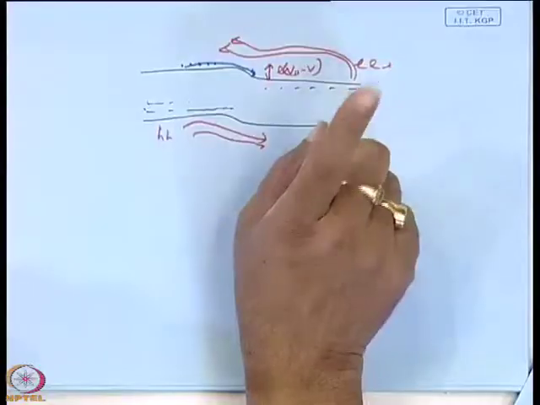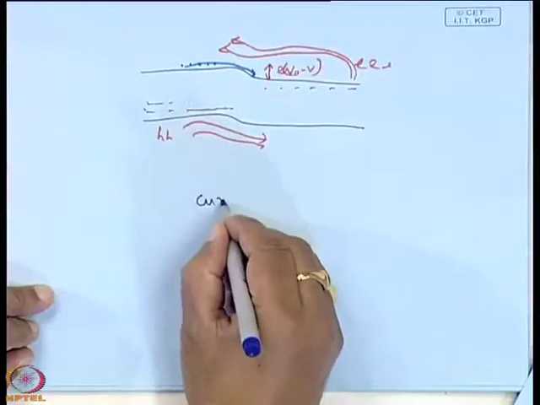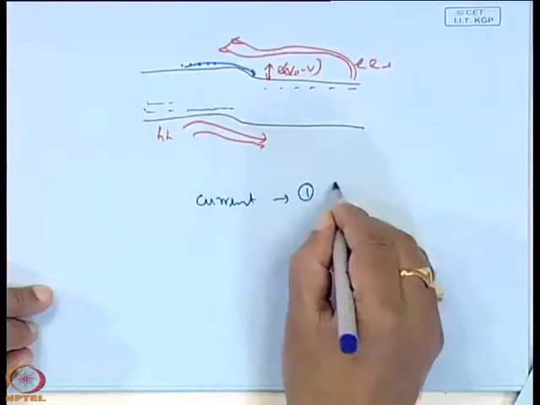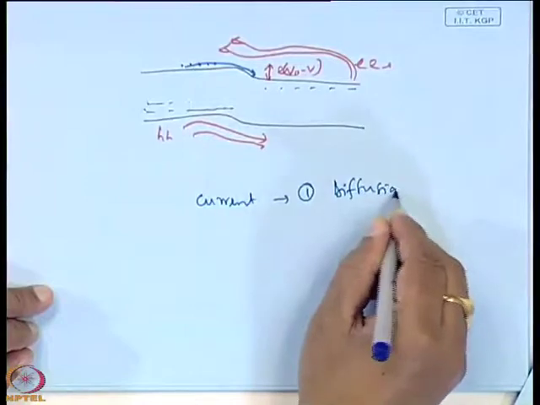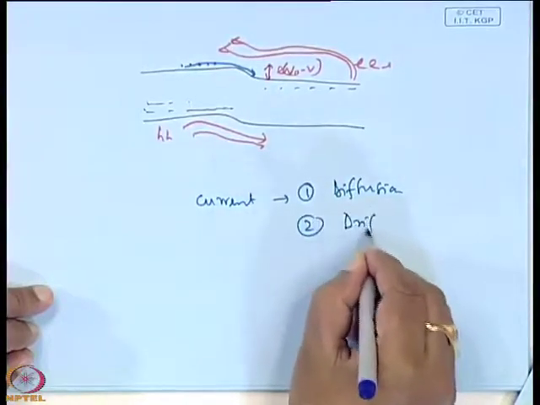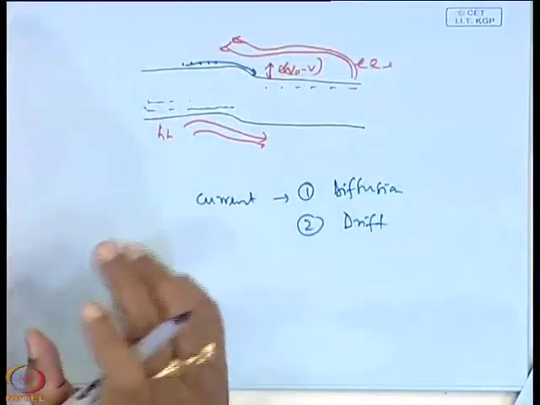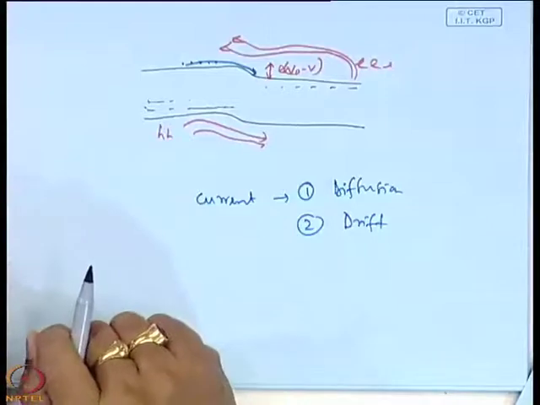Now, the current will have two components, one component is diffusion and one component is drift. In thermal equilibrium, the drift and diffusion currents are equal and opposite. So, there will be no resultant or total current in the junction, but as soon as you put the voltage source, there will be a different amount of current and the diffusion current will be larger than the drift current.